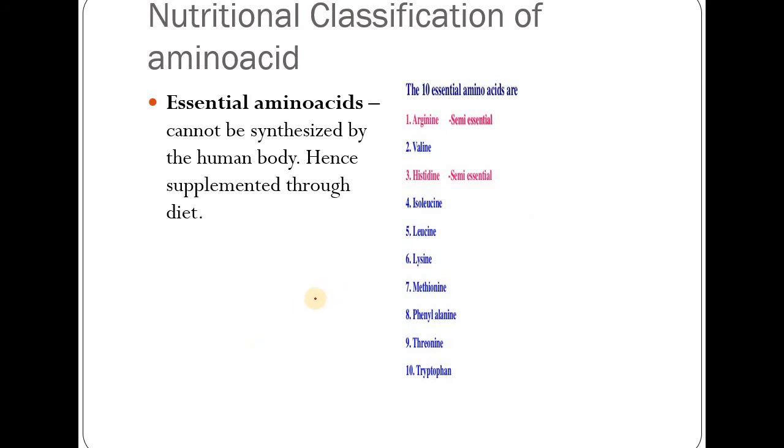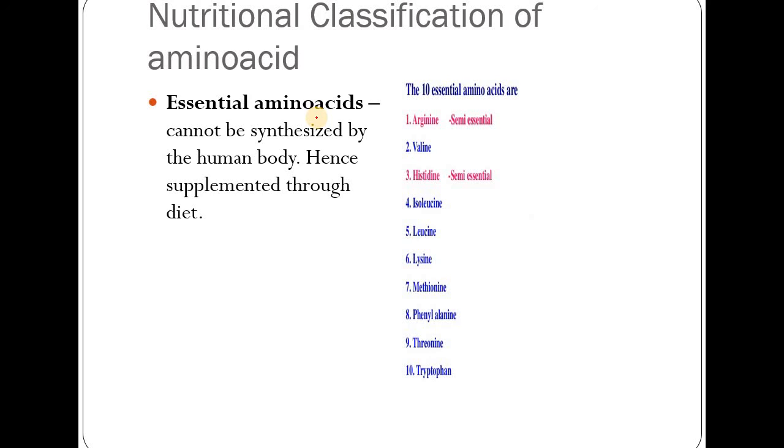Apart from this type of classification, there is another classification where these amino acids are classified based on nutritional availability. So the first one is the essential amino acid. These essential amino acids cannot be synthesized by the human body, hence they have to be supplemented through the diet. Okay, because they are very vital, involved in a few metabolic activities which are very much essential.